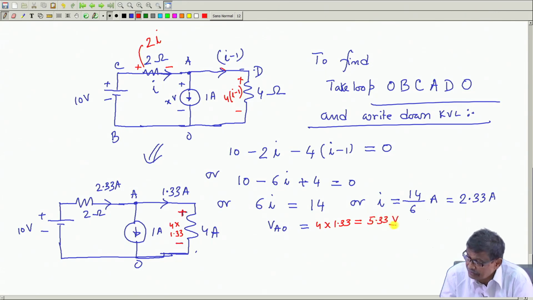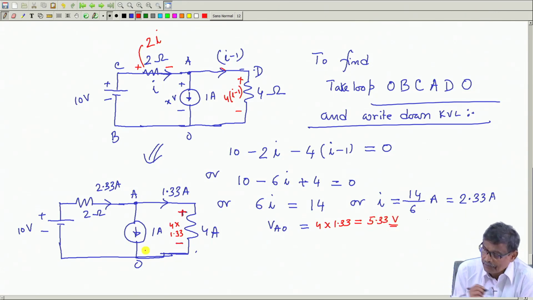So, this VAO will be 5.33. So, you see the voltage across the current source for this particular example is 5.33. If you change this resistance to some other value, it will have some other voltage. So, this voltage is this one.